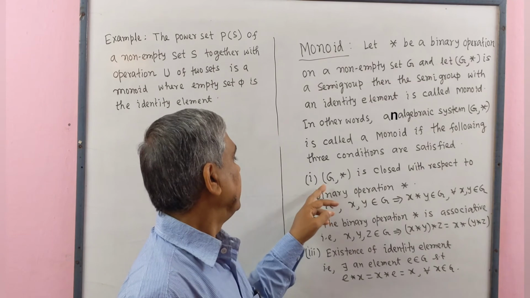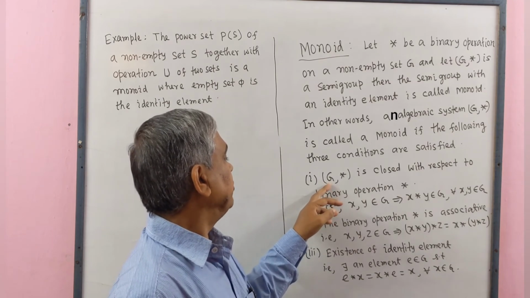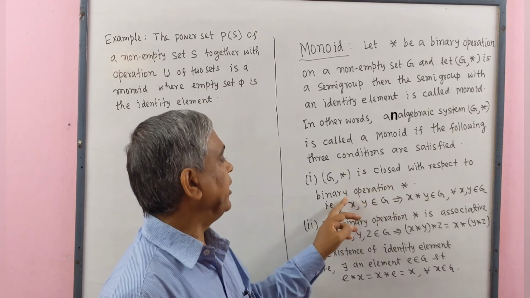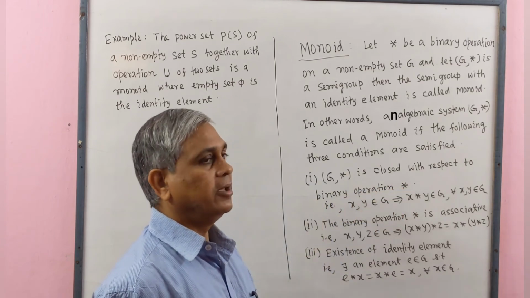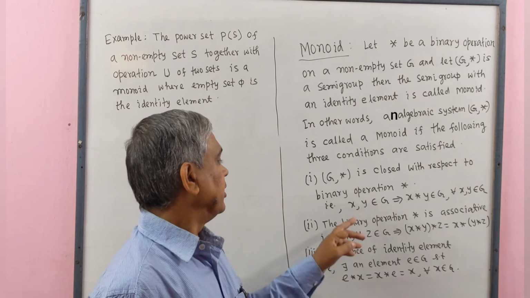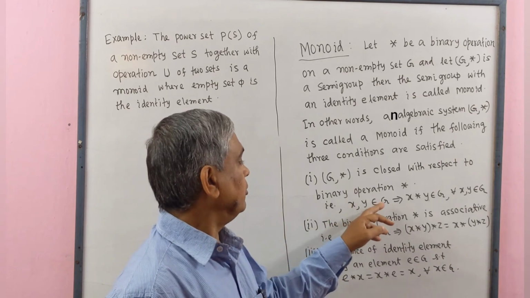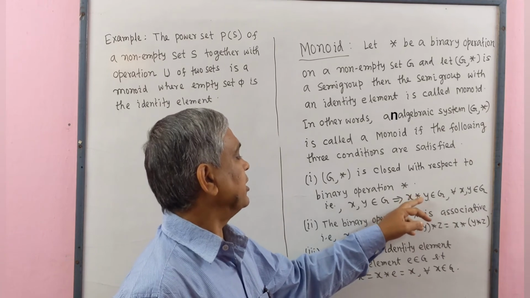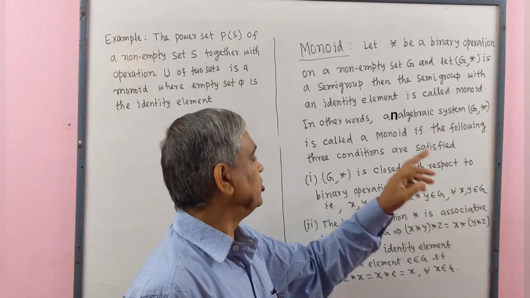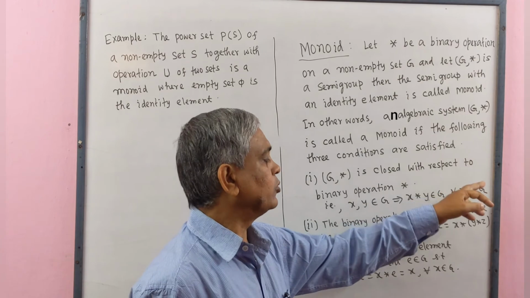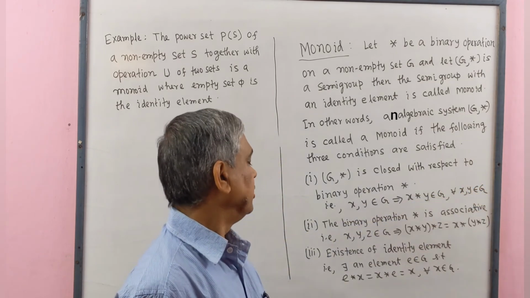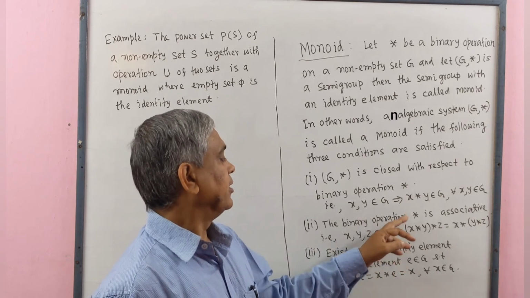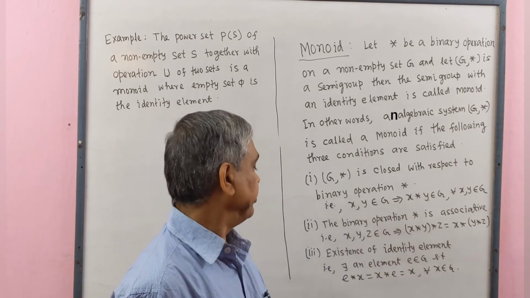Number one, the algebraic structure G with binary operation star is closed with respect to binary operation star. That is, x, y belong to G implies that x operation y belong to G for all x, y belong to G. Number two, the binary operation star is associative.